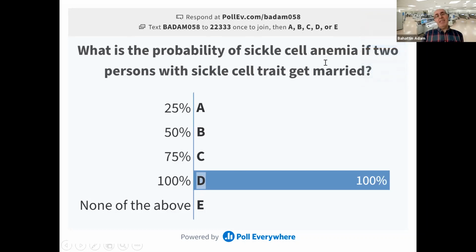A person with sickle cell trait has one healthy and one unhealthy allele. And these alleles will combine. You first have to produce the sperm cells or eggs, one will be normal, the other will be unhealthy, and the correct answer is supposed to be B. I'm going to show you the correct one.